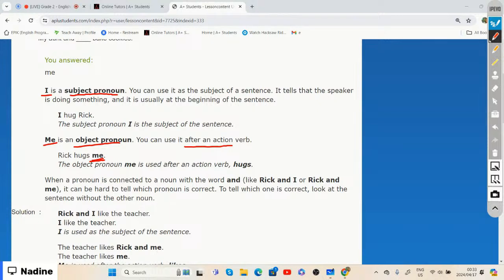All right. So we can say with our object pronoun, it's me, and that comes after an action verb, right?